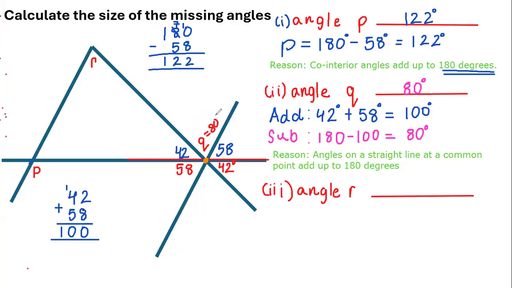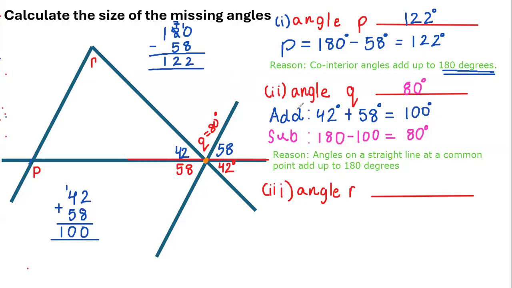But I'm trying to figure out what is the angle for R. Q is 80, what is R? Anyone else want to try? How are we gonna get angle R? I can hear from Xavier. Xavier, do you know?